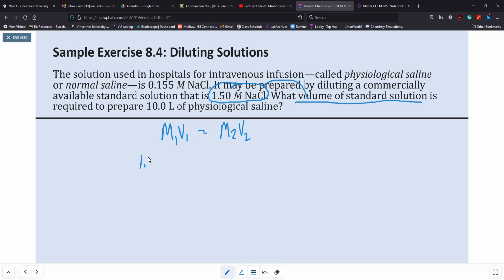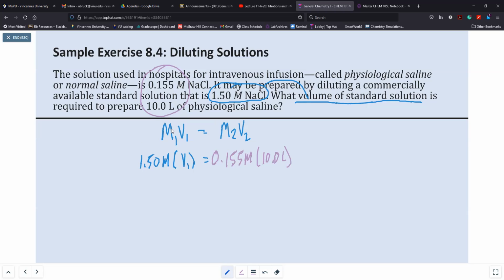So we have a 1.5 molar sodium chloride solution that we're starting with. We're trying to figure out how much we're going to need. In the end, we are going to make a 0.155 molar solution that is 10 liters in volume.